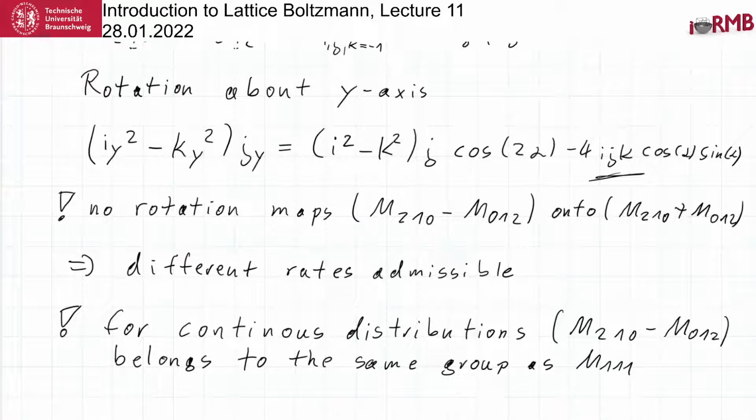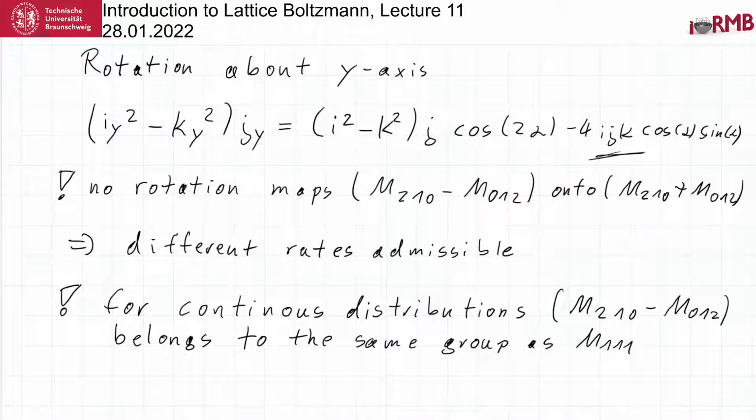This is the case because if we do this rotation of this guy here, we may end up with ijk for a specific alpha, meaning we can map the moments M210 minus M012 directly on M111.